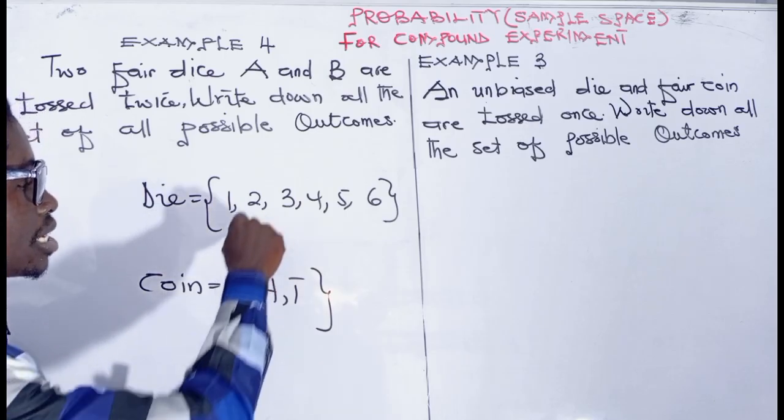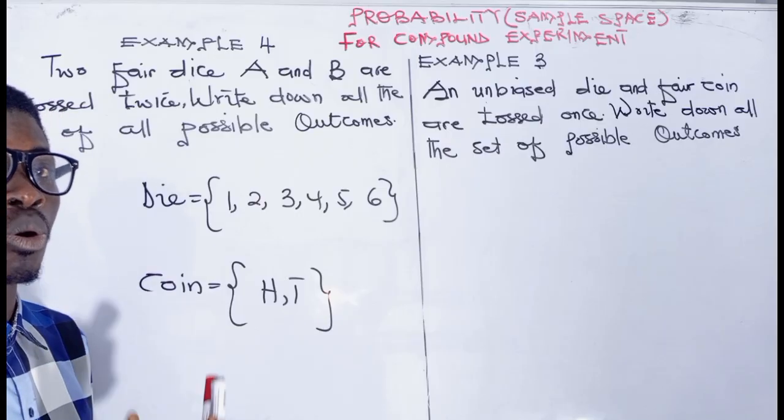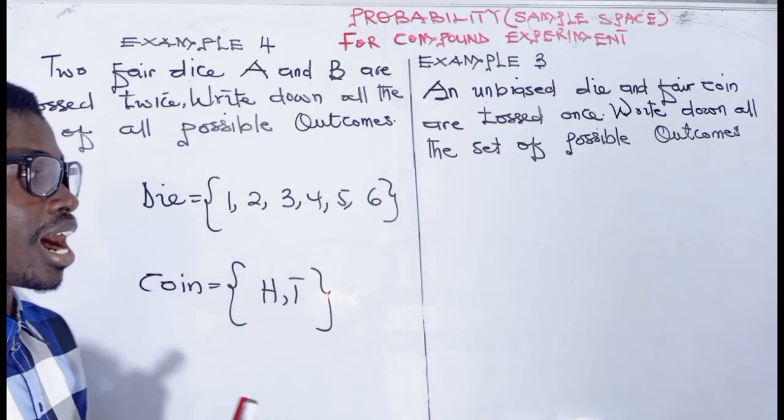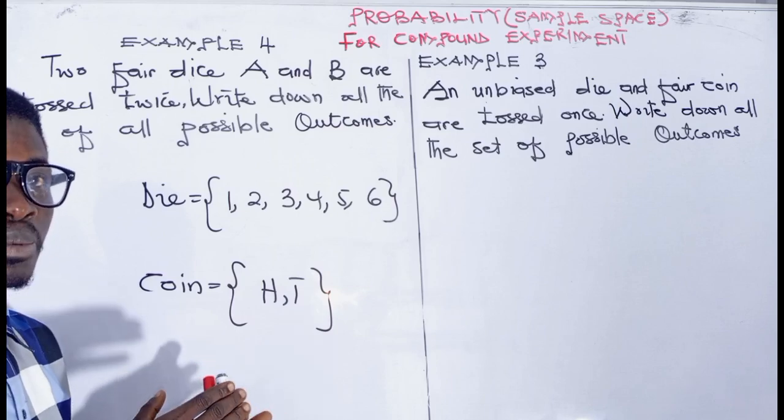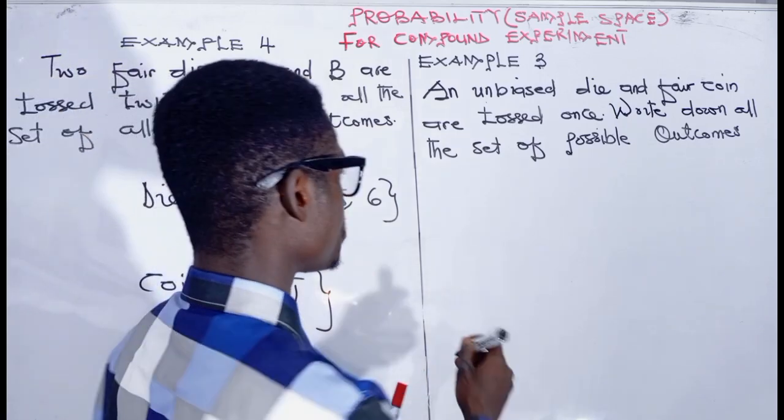Now we are going to combine these two experiments into a single experiment, and it becomes a compound experiment. How do we list the sample space for these two experiments? We are going to use the table method.